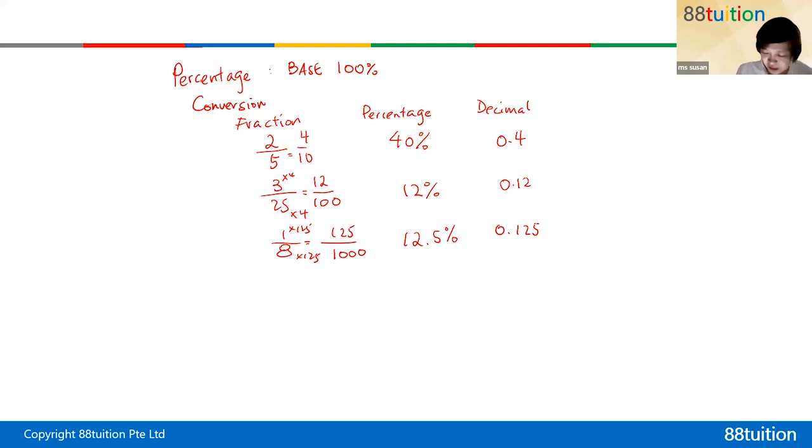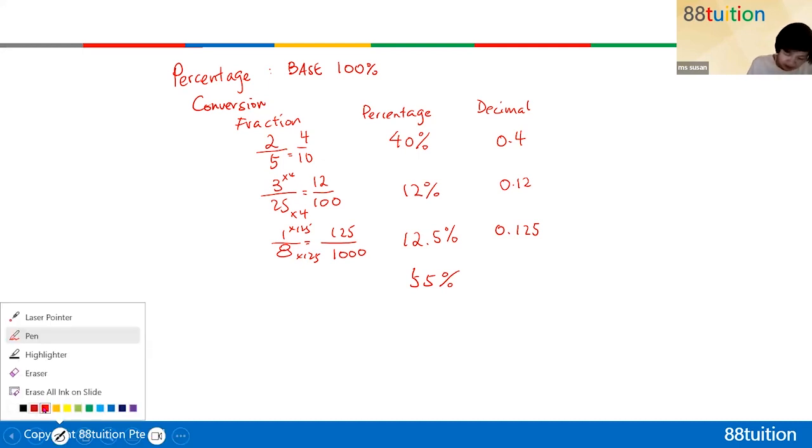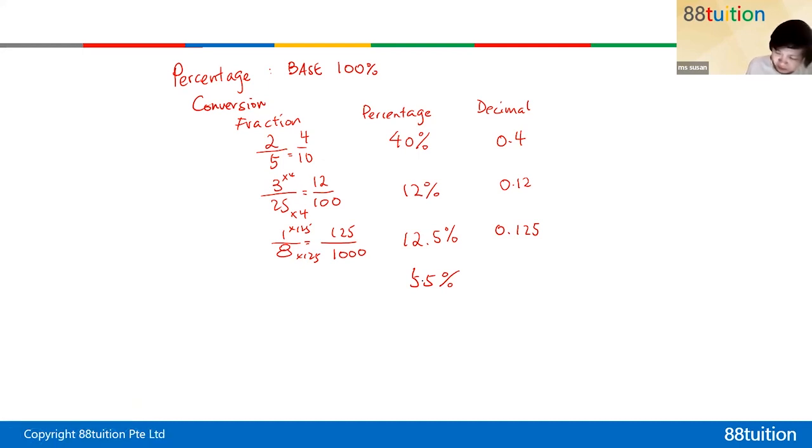Okay, I have a question here. What happens if you have a percentage and you want to convert it into a fraction? Let's give an example, maybe 55%. How to convert it into a fraction? What must you do? Do you remember we say percentage is always based on what? The base is always 100, right?